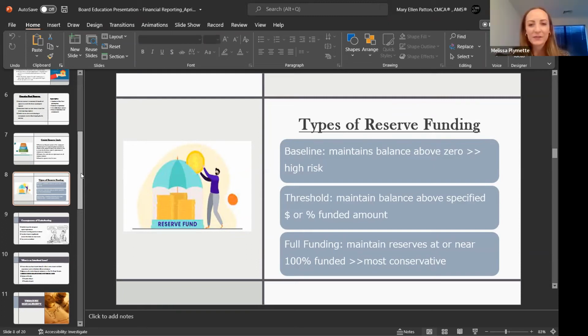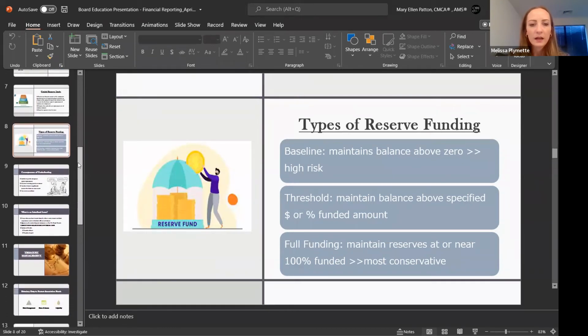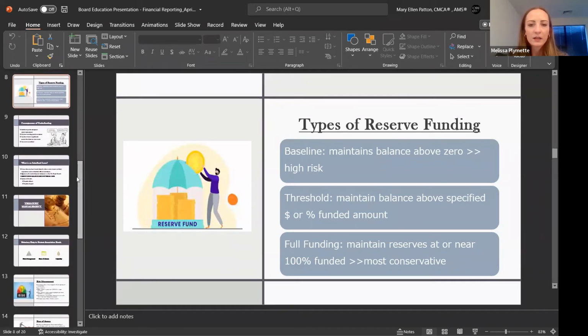So types of reserve funding, or really ways to approach reserve funding. These are types of funding that you're going to see outlined in most reserve studies. So baseline funding really aims to just maintain the capital reserve balance above zero, so that you're not in the negatives. This is obviously a pretty high risk strategy, but on the flip side, it allows an association to generally keep homeowner fees low because they're not increasing to contribute to reserves. Another scenario is threshold funding.